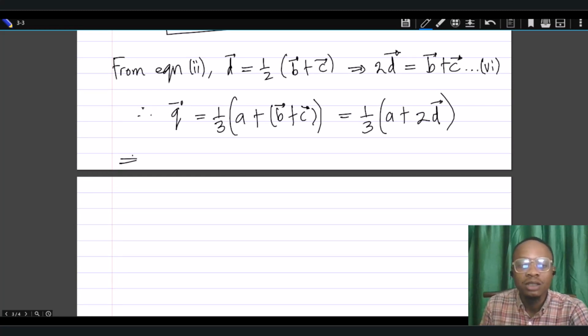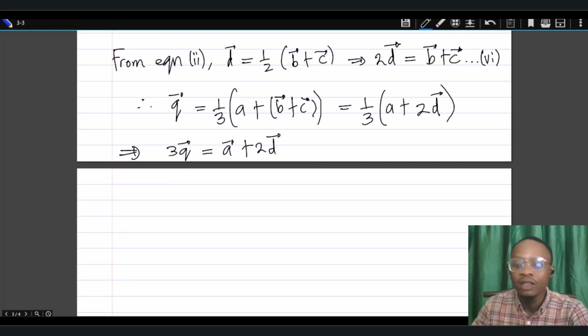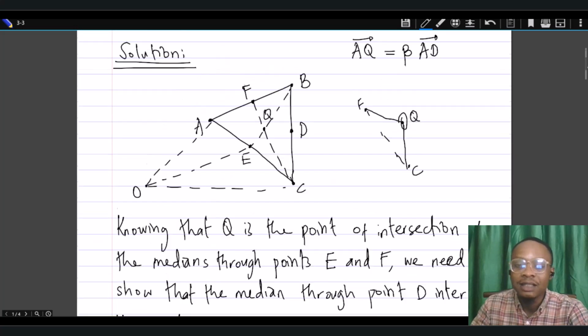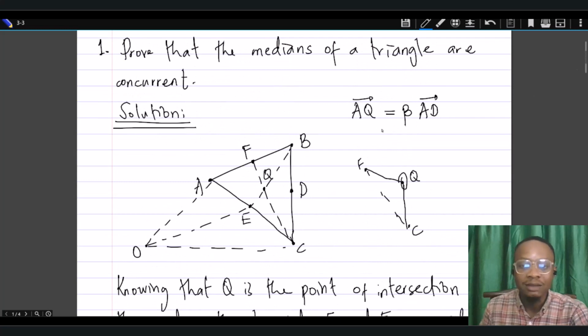To proceed, we can get rid of the 3 by multiplying both sides by 3. We are going to have 3Q equals A plus 2D. So that is it for now. What exactly do we need? We are driving at a relation between this and this.